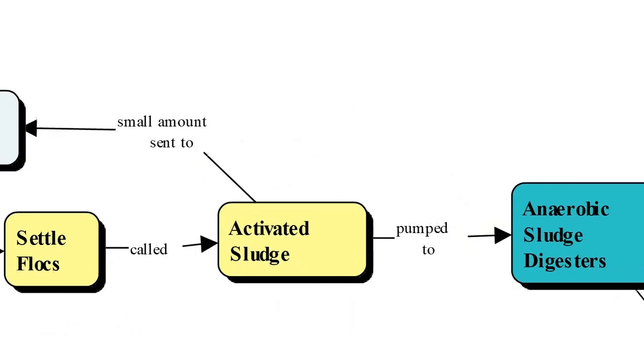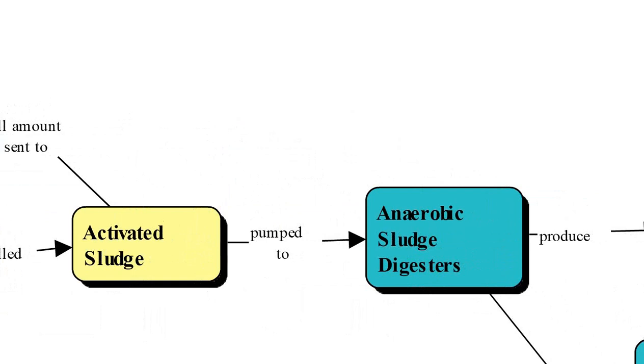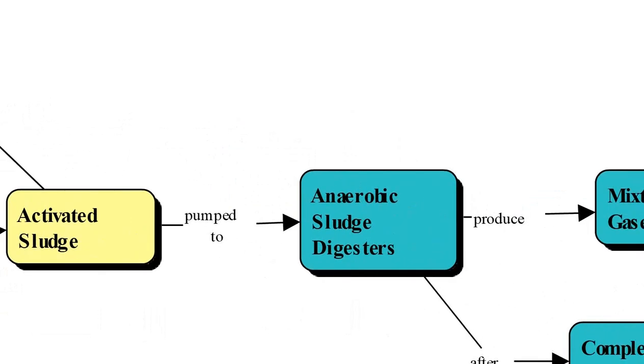Then the remaining portion is pumped to the anaerobic sludge digester. Here the remaining activated sludge is sent to the anaerobic sludge digesters, which facilitate the anaerobic organisms. The organisms which survive in the absence of oxygen are called anaerobic organisms.